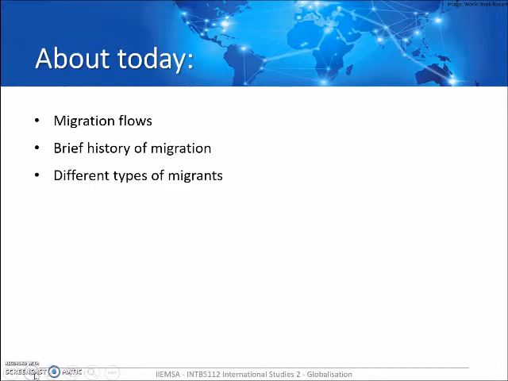We're also going to look at different types of migrants because usually when we think of migration, we mostly think of refugees and of illegal migrants, but there's many different types of migrants that actually make up a much bigger part of global migration than strictly refugees or illegal migrants. We're obviously going to look at factors for migration, push and pull factors and what those are.